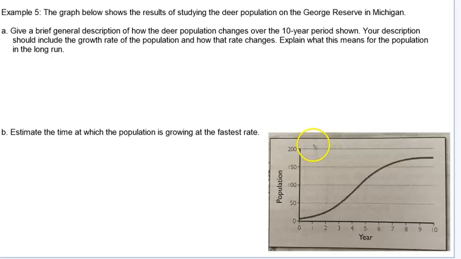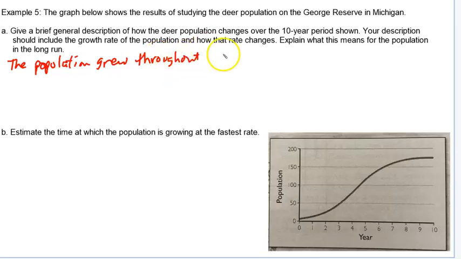Well, it's growing for the whole time. But it grew at different rates, some a little faster than others. So the population grew, I would say, throughout the 10-year period. It's always positive.